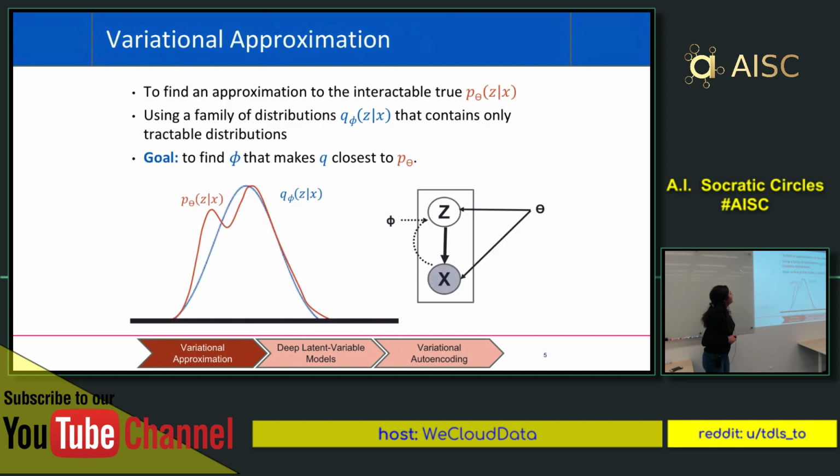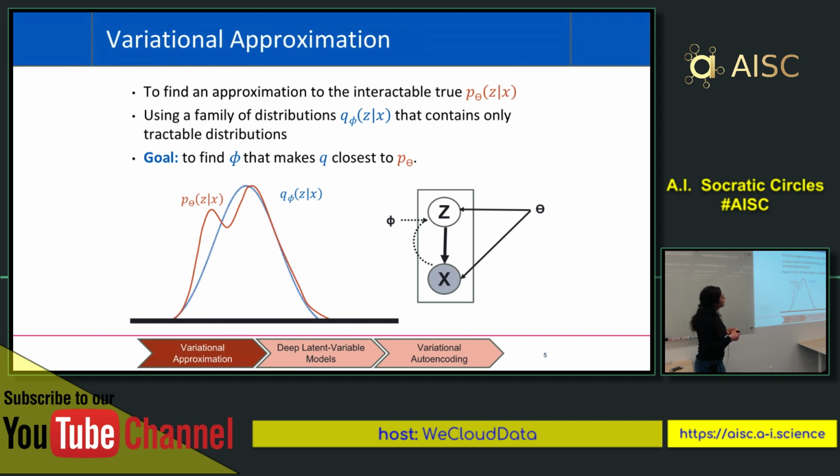Okay. So what do we mean by variational approximation? The goal here is to approximate our true posterior distribution. So we usually use a family of distributions that are tractable, like Gaussian distribution, to approximate our true posterior distribution.